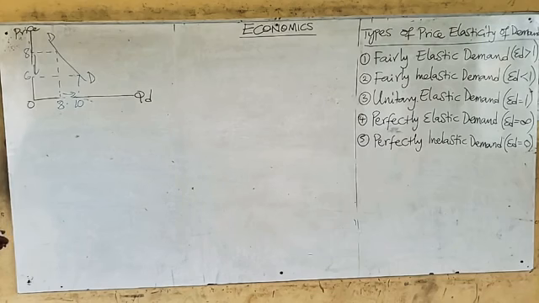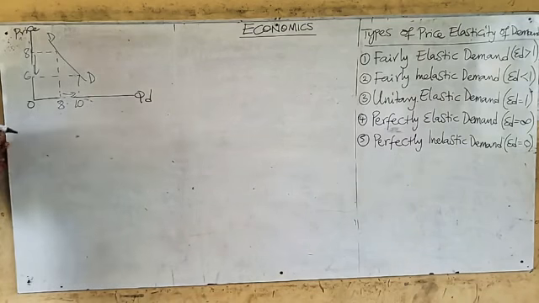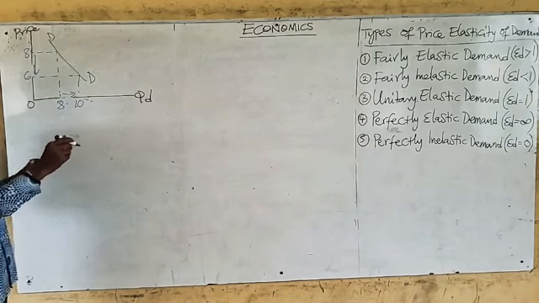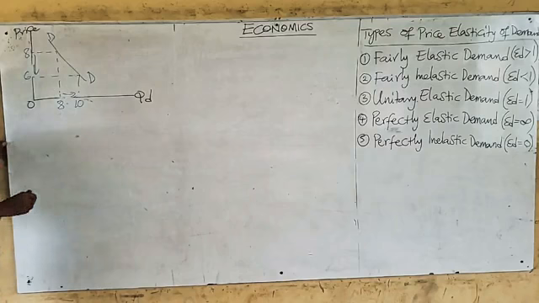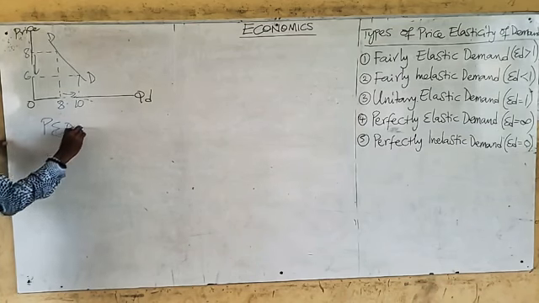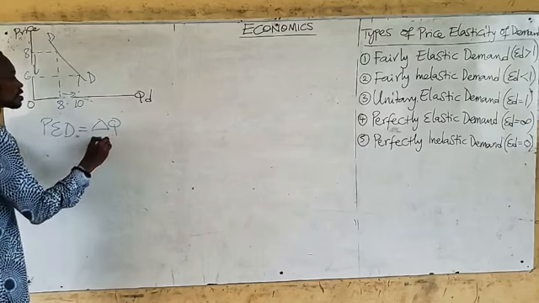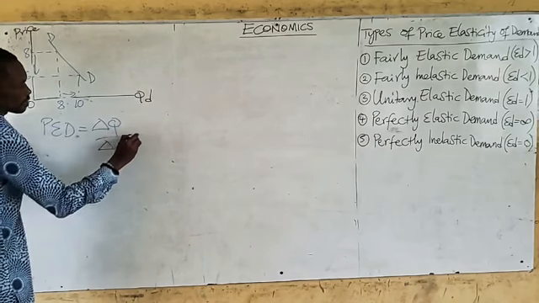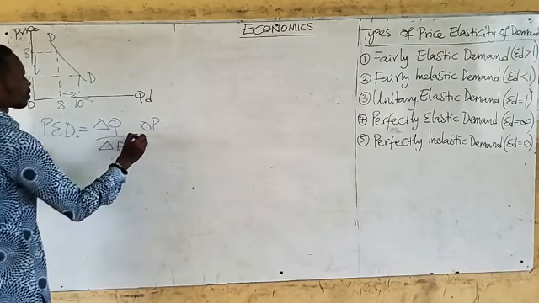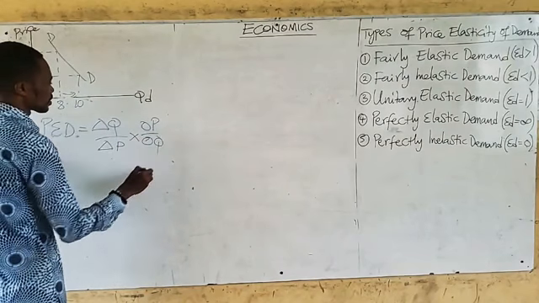So for the sake of explanation and understanding, we are going to use what we call the proportional formula and see what happens here. The proportional formula is price elasticity of demand equal to change in quantity divided by change in price, times original price divided by original quantity.